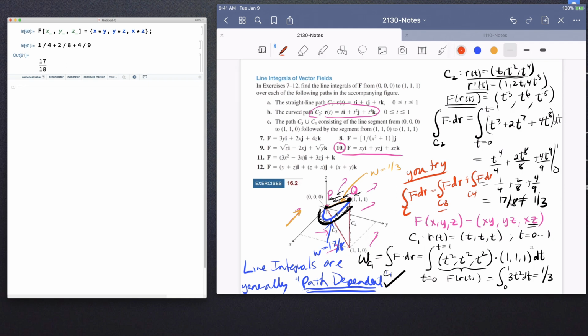So the line integral from P to Q along the edges of the triangle will require you to compute the work along one path, the work along the other, and then you get to add those two results together. And I think you will find that the answer will most likely be different from 1/3 or 17/18. You might get something very different as an answer.